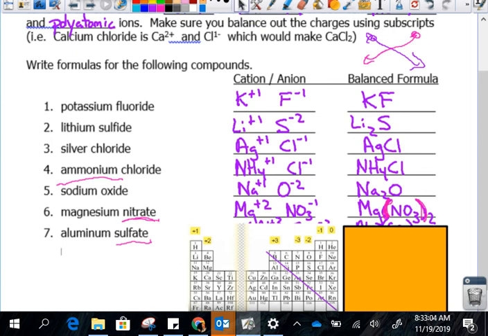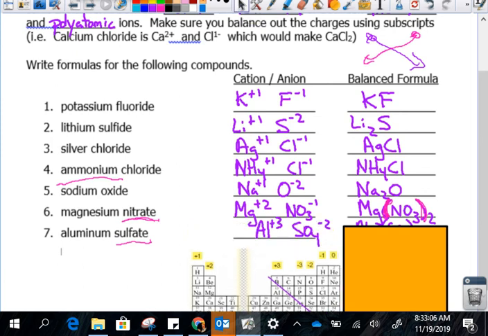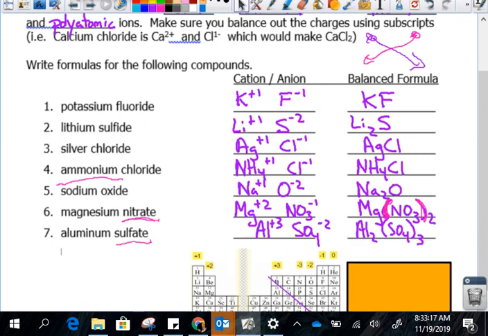And then aluminum sulfate. Aluminum's a +3, sulfate's a -2. If aluminum gives away 3 electrons, the sulfate can only take 2 of them. So it's going to take an interesting combination. Again, you can start off by just taking this charge and switching it there, taking that value and switching it there. See, the 2 and the 3.